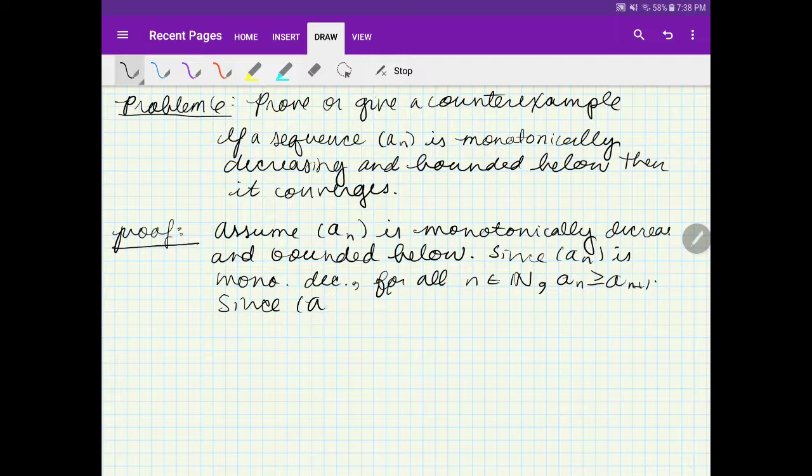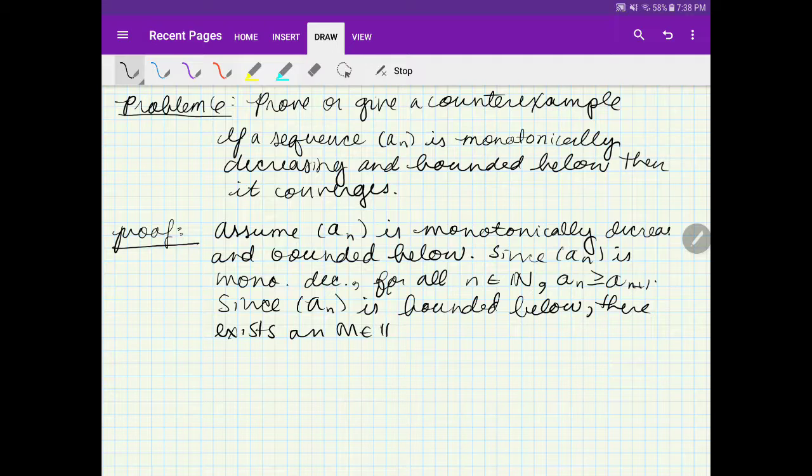Since a sub n is bounded below, there exists an m that's an element of the real numbers such that m is less than or equal to a sub n for all n.